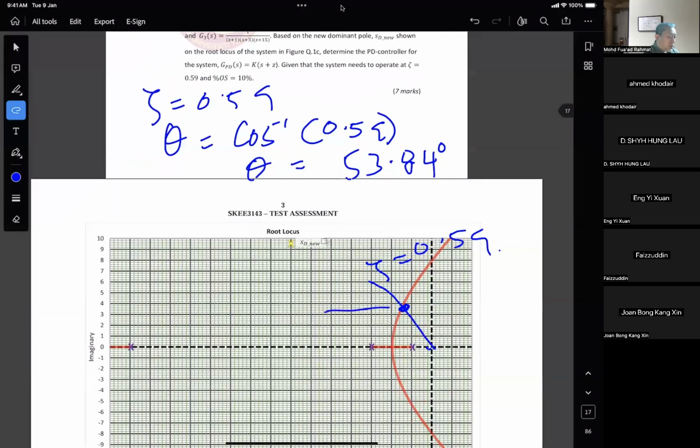So what is the point over here? Okay, the point over there is 1.75 plus j 2.39. And we want the new design, the new PD controller, to operate at the given SD new, which is the minus 6 point.